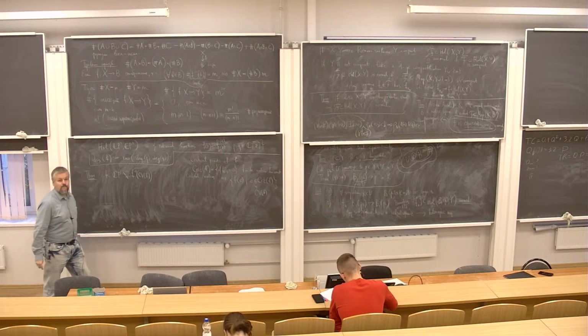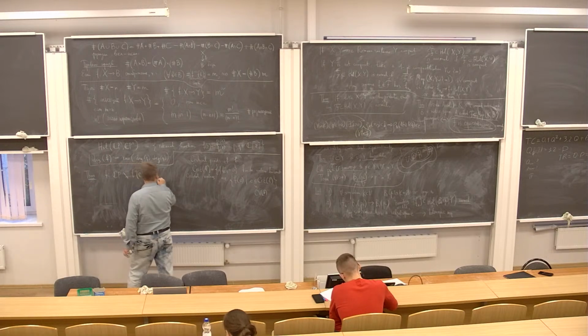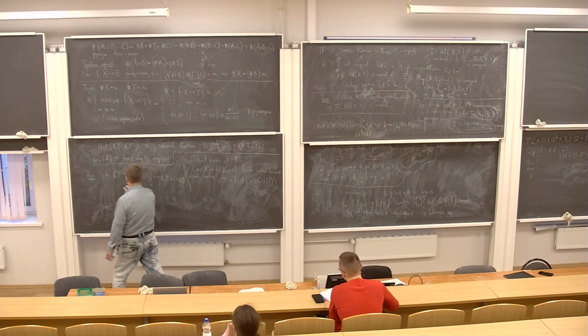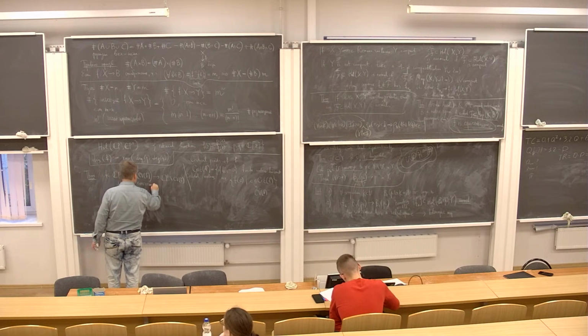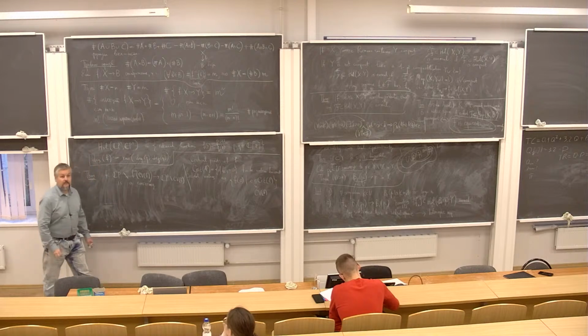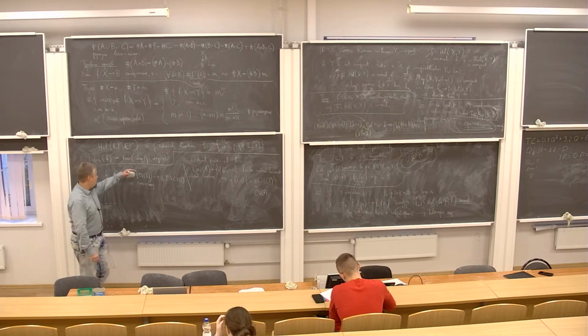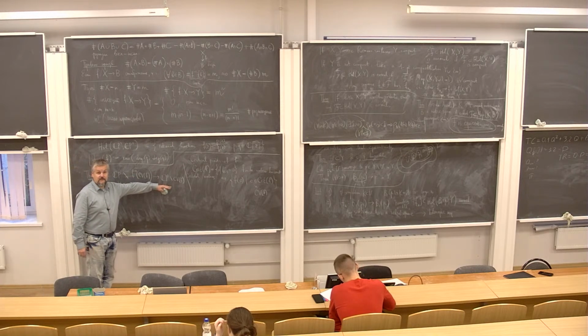Okay? And this will cover the complement of the set of critical values. This will be covering in the sense of topology. Okay, so it evenly covers the base of degree.